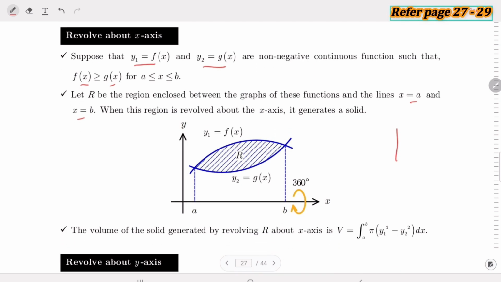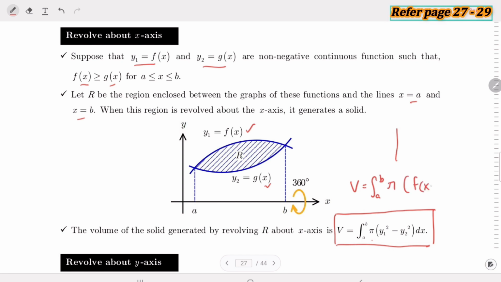Okay, so let's have a look at this graph. On this sketch, there are two functions. This one is the function f(x), and the other one is the function g(x). To find the volume, we're going to use this formula. V equals the integral from a to b of pi times (y1 squared minus y2 squared), which is f(x) squared minus g(x) squared.